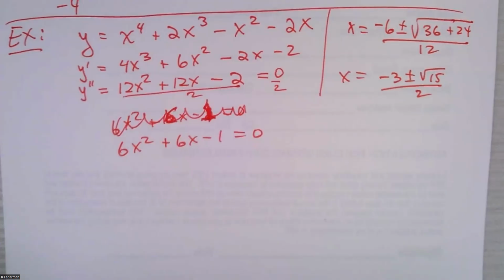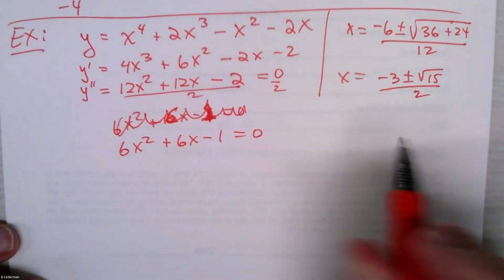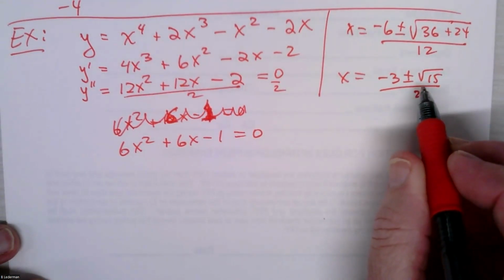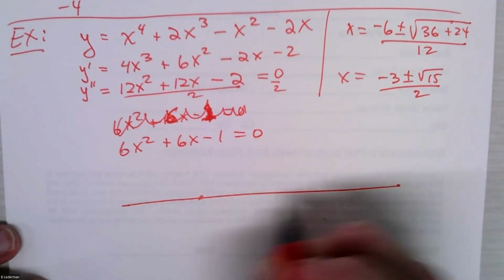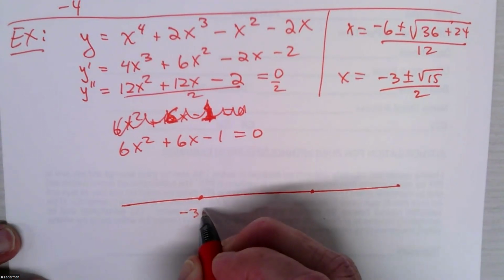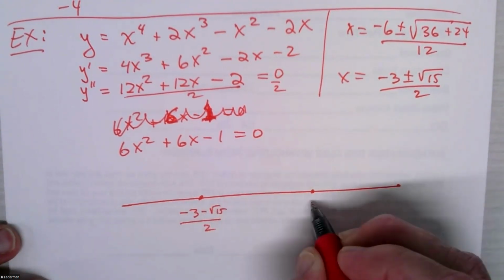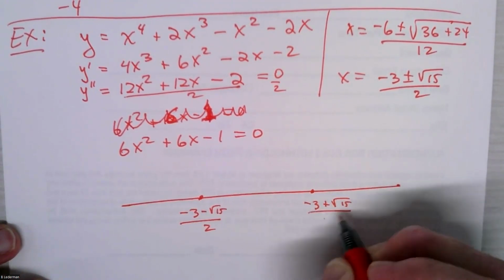Okay. So how do we know what regions? What we do is take these points where the second derivative equals 0. This is (-3 minus rad 15) over 2, and this is (-3 plus rad 15) over 2.